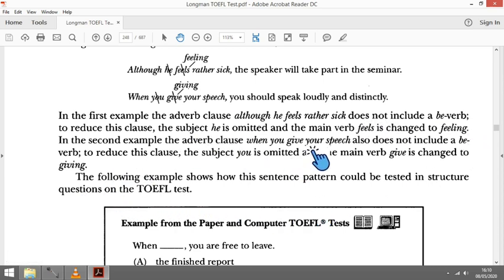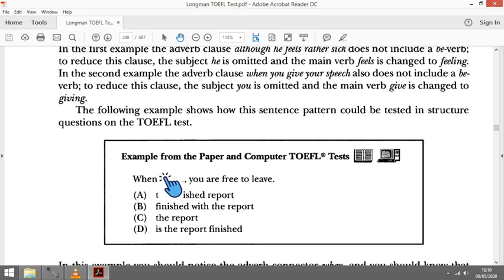To reduce this clause, the subject you is omitted, and the main verb give is changed to giving. Now look at the example from the paper. Complete: "When you are ... you are free." There is a subject and a verb here, but we have reduced it, so we need only the verb.